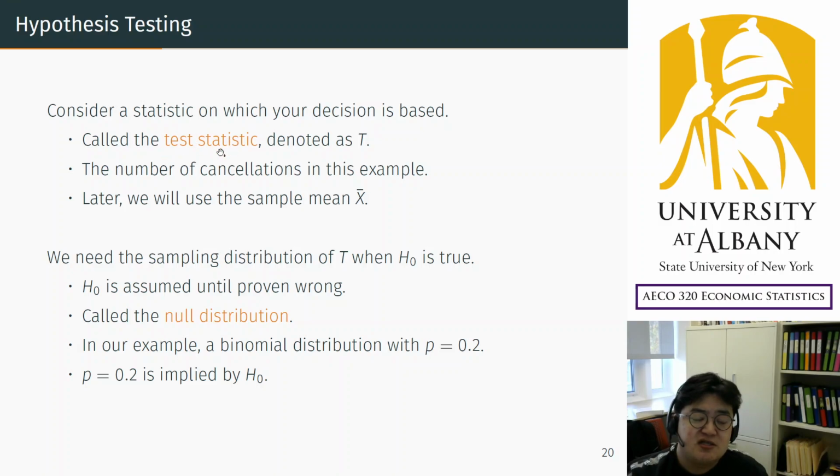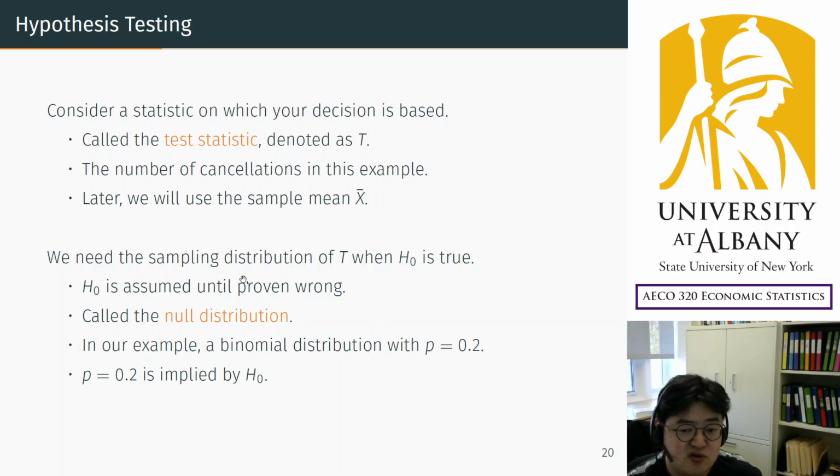So the test statistic is based on the data. By the way, in our examples, we are going to use the sample mean as a test statistic. As I said, a test statistic is similar to an estimator. Like back to this example, you may think that the probability would be a possible test statistic.